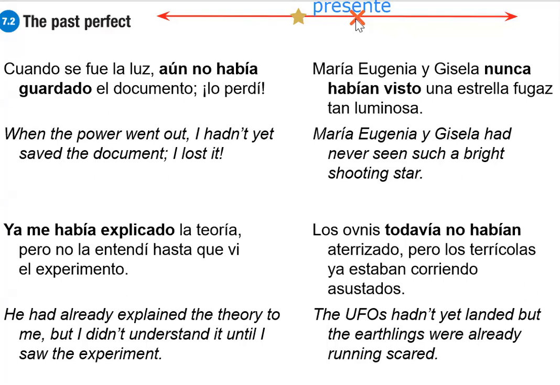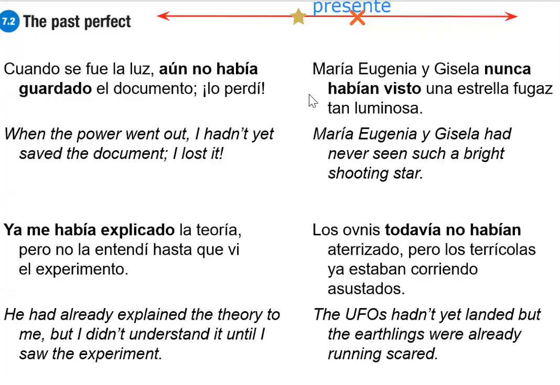So the lights just went out and I haven't saved yet. This happened prior to now. I haven't saved before now. But in this example, the lights went out in the past and I hadn't saved before that. Okay, let's look at another example.